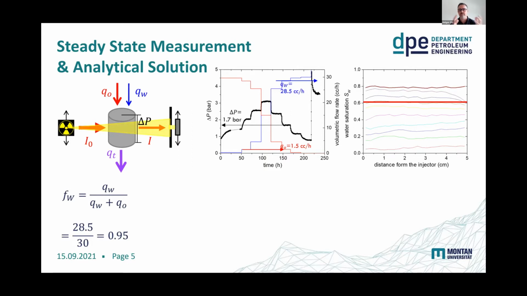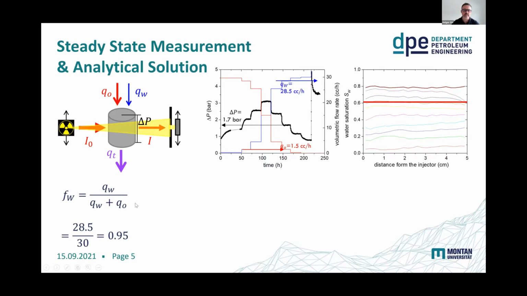So this is half experimental, half numerical, my presentation. I picked out the conceptually most simple experimental method, not from the experimental procedure, but conceptually. And this is the steady state relative permeability measurement. So what are we doing here? We have a plug, typically a standard plug, 1 inch diameter and 5 centimeters long, for example. We inject oil and water simultaneously.